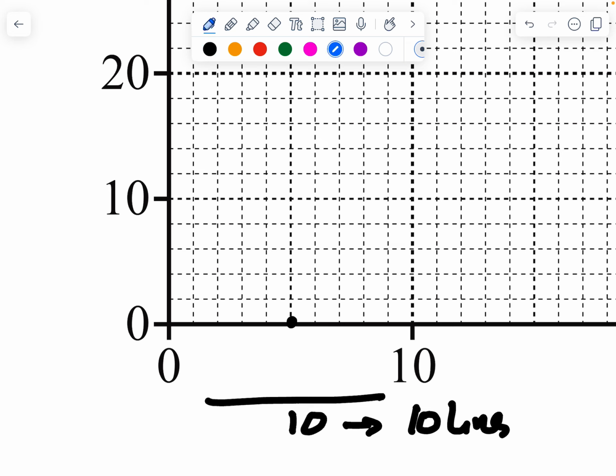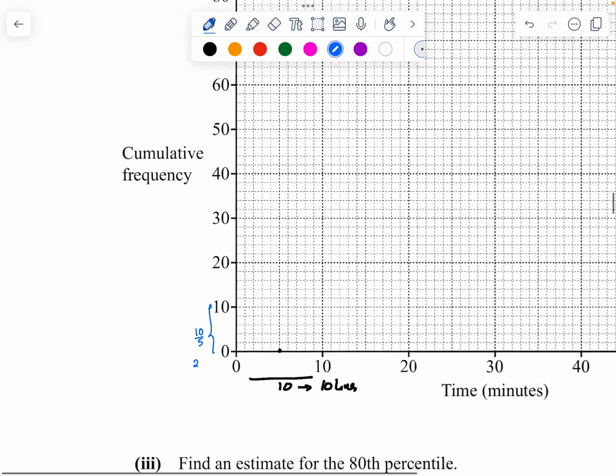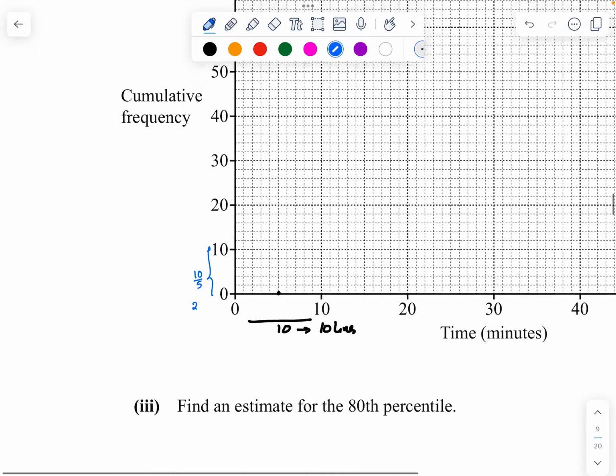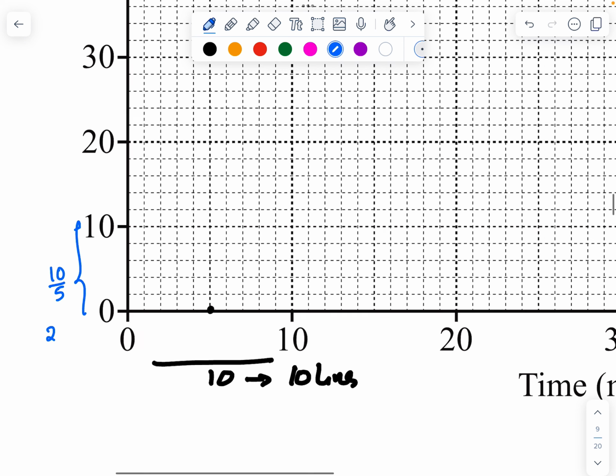But over here on the vertical axis, the gap is 10, but there are only 5 lines. So 10 divided by 5, each one is 2. For 5, it's going to be 3. So this is 2 and this is 4, so the point is going to be in the middle.